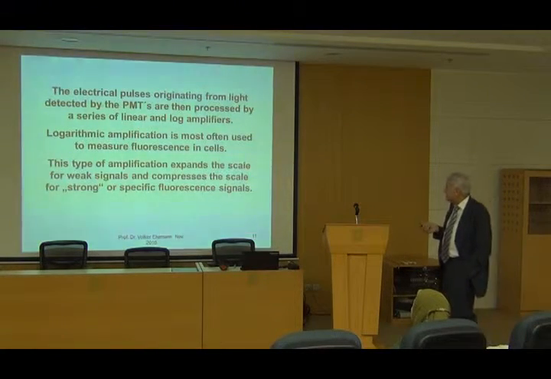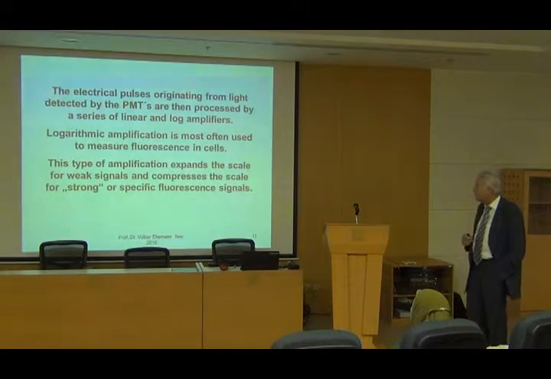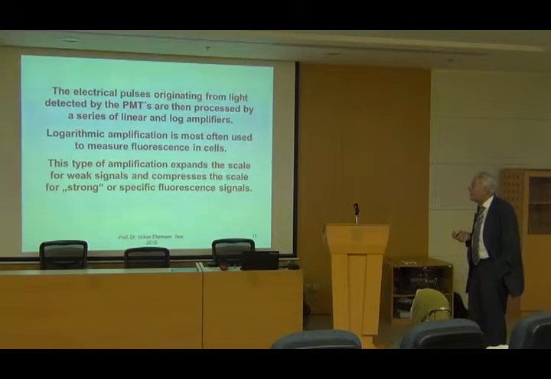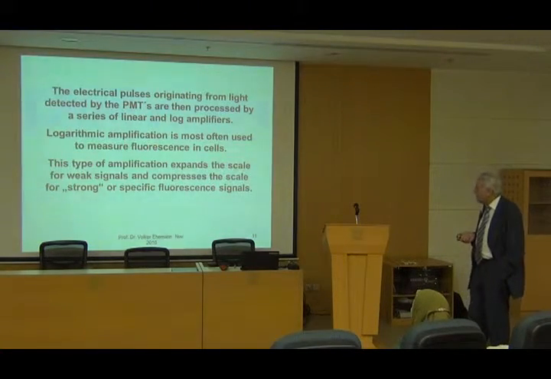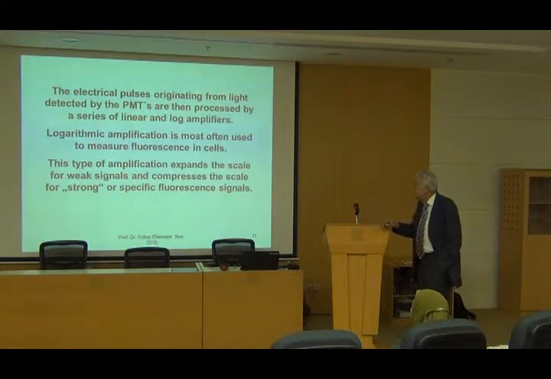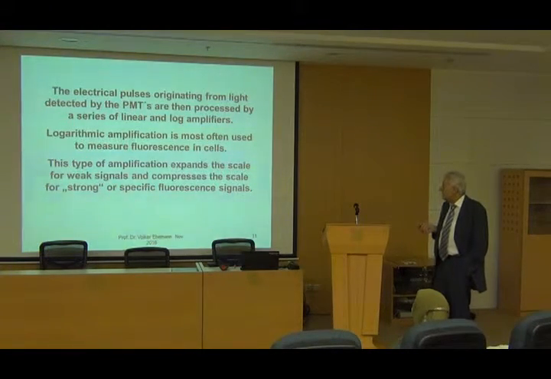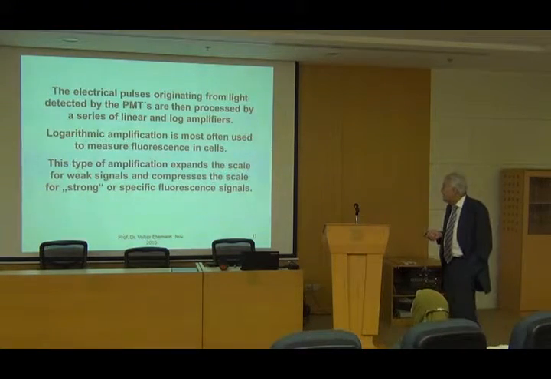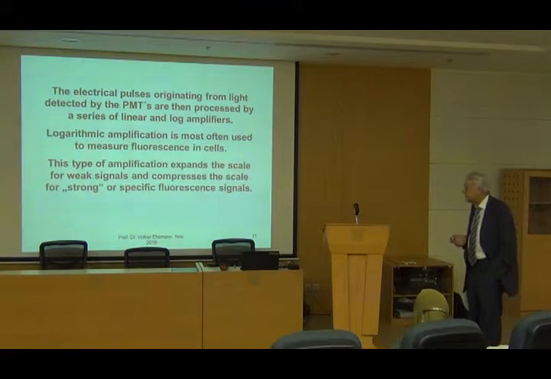These electrical pulses, originating from light detected by the PMTs, are then processed by a series of linear or logarithmic amplifiers. Logarithmic amplification is most often used to measure fluorescence in cells. This type of amplification expands the scale for weak signals and compresses the scale for strong or specific fluorescence signals.